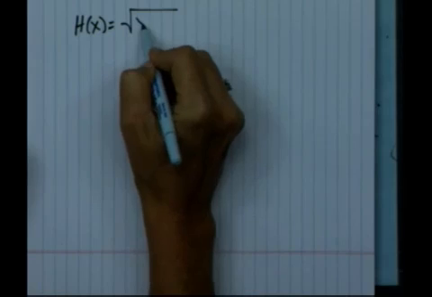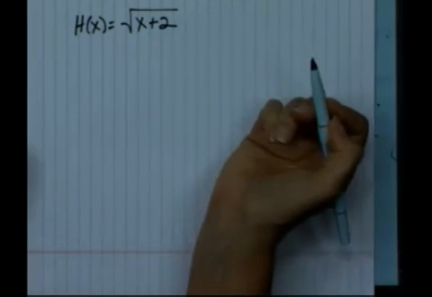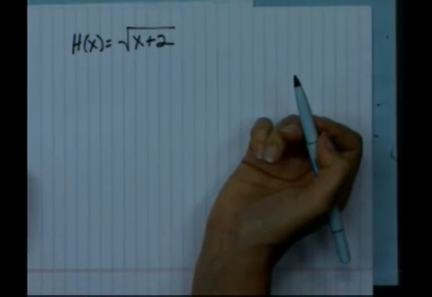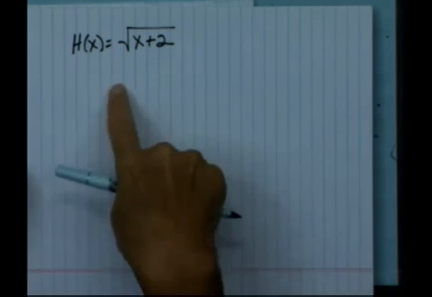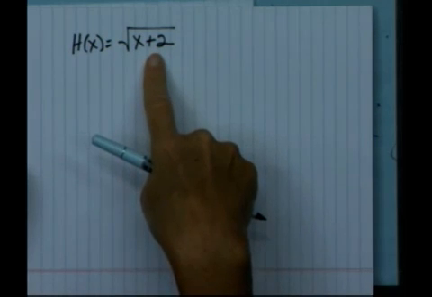All right, let me give you one to graph. Let's go to y equals square root of x. Okay, let's graph h of x equals the square root of x plus 2. And let's use those words and get this. How do you know this is not a vertical shift?